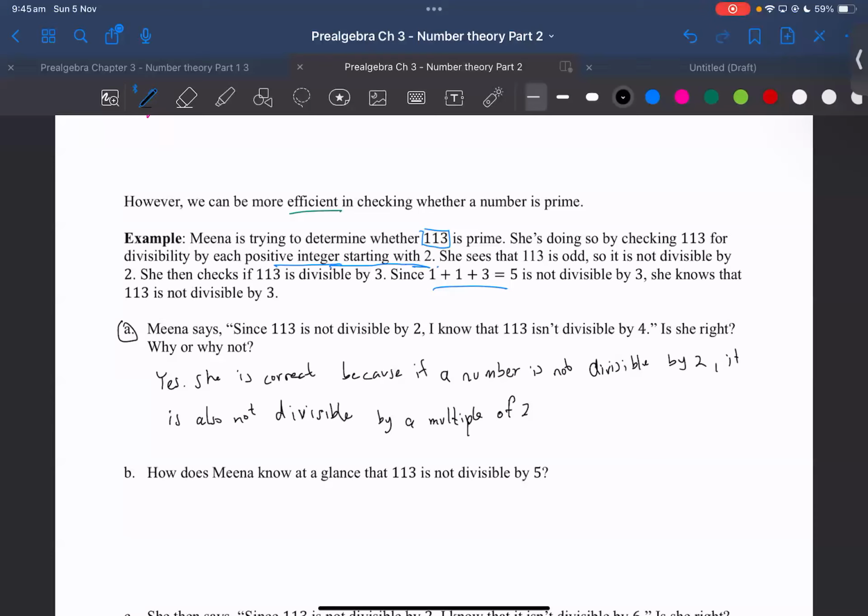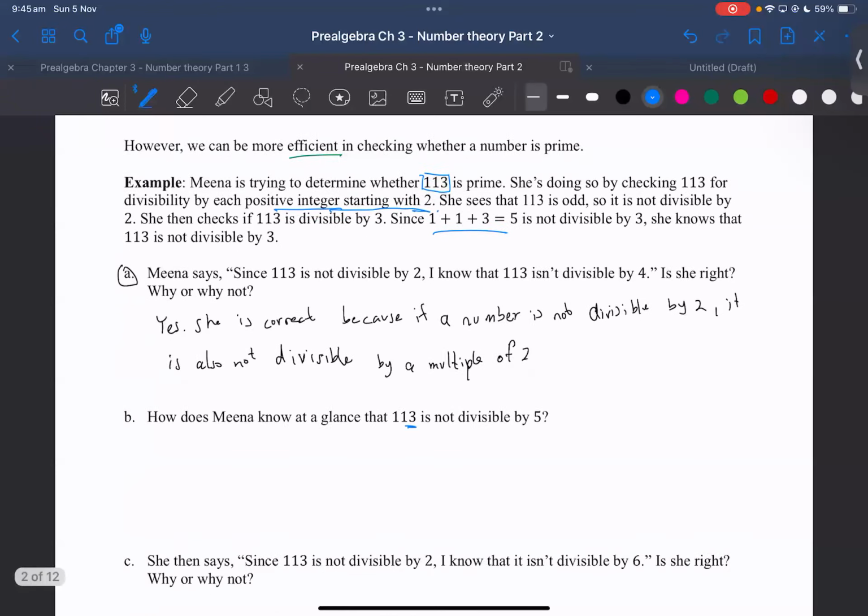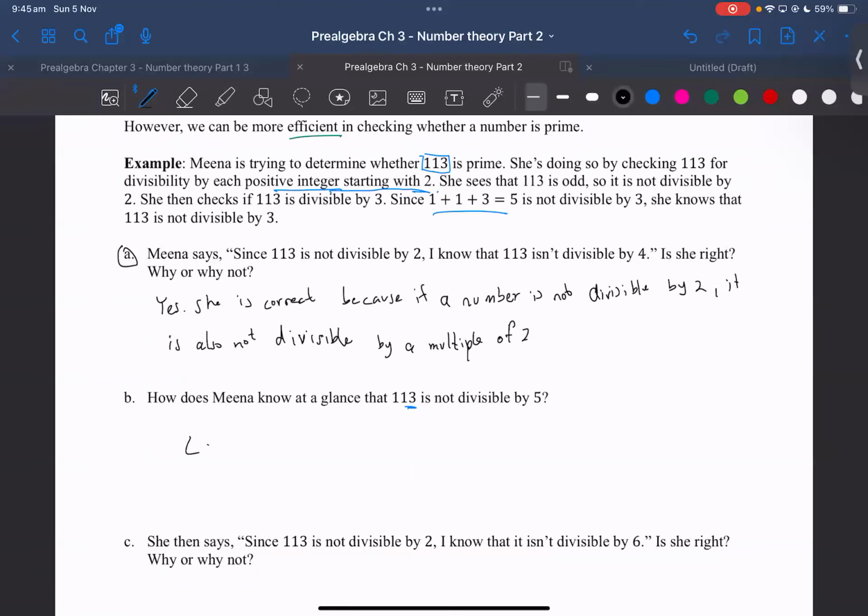Adding 1 plus 1 plus 3 is for 3. The divisibility rule for 5 is to check the last digit, which must be 0 or 5. The last digit is not 0 or 5, so it's not divisible by 5.